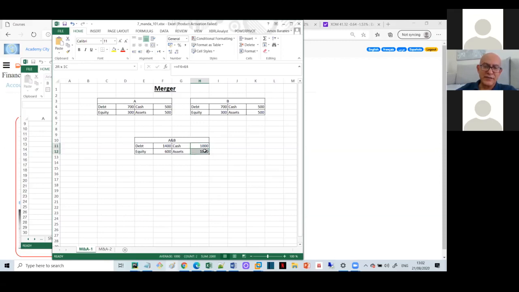So total assets, we have 2,000. We combined all the assets. We also combine all the debt, so our debt together is 1,400. So how much is left for both of us? 8,600. So we kind of become partners of all the total assets and the total liabilities.